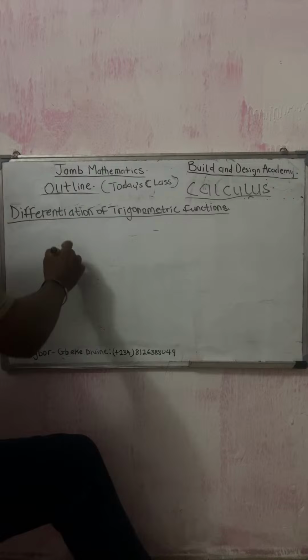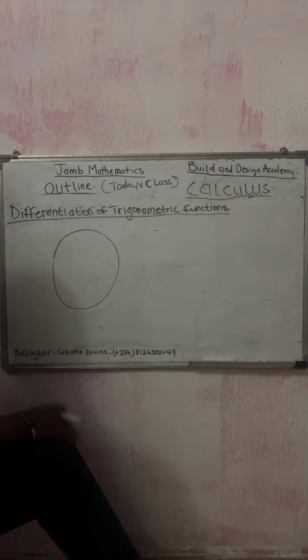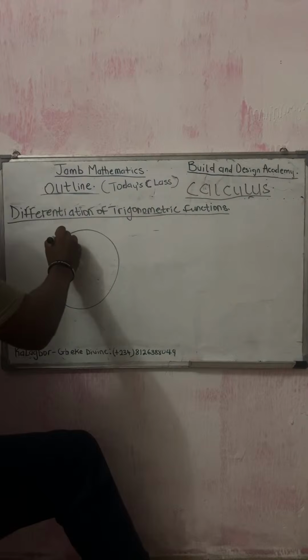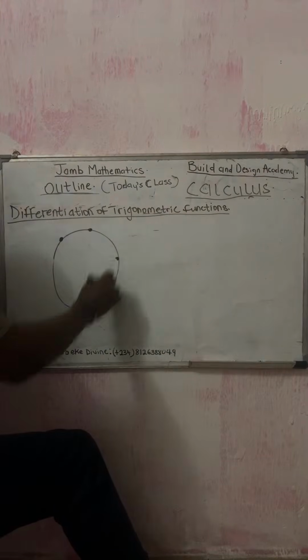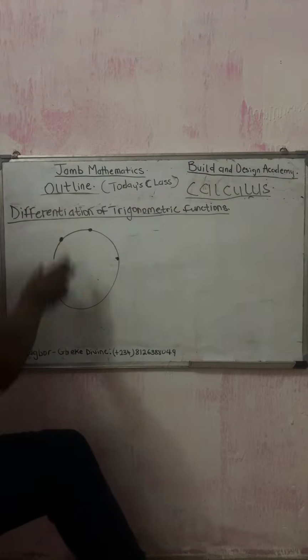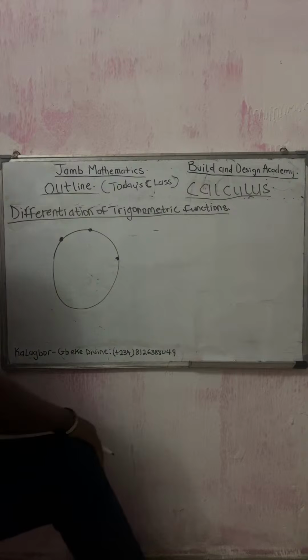So if a function is moving in a circular path, we will be able to use this type of differentiation. Let's say it's changing from this position to this position to this position. So we're able to find the rate of change of this object by differentiating it.